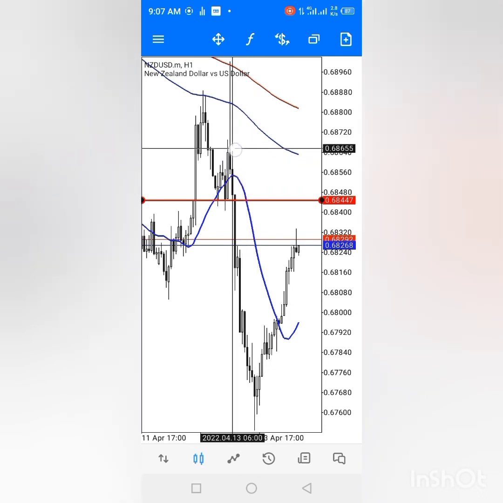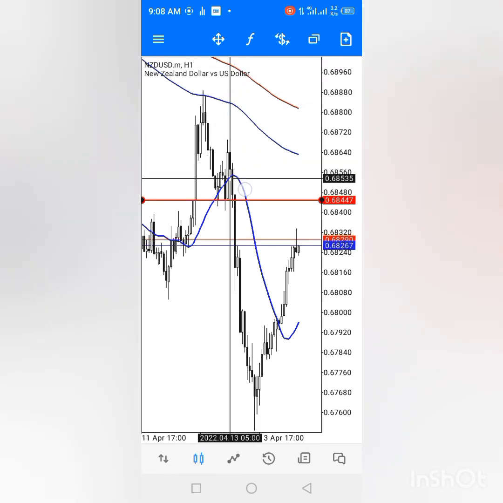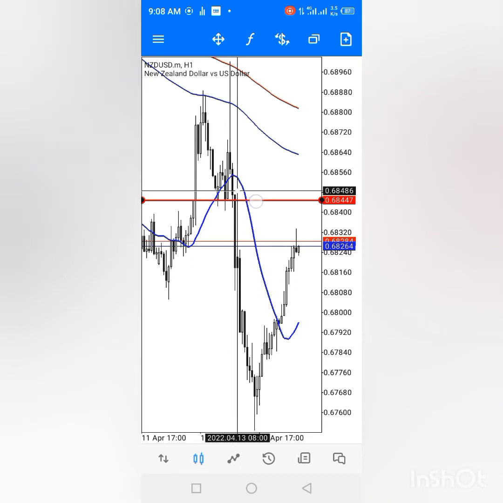So my first confirmation was my 200 period moving average, both simple and exponential, to be closed by a candlestick or wick of the candlestick. It was confirmed. It also broke a 21 period simple moving average. It was confirmed, and it also broke my daily market open.